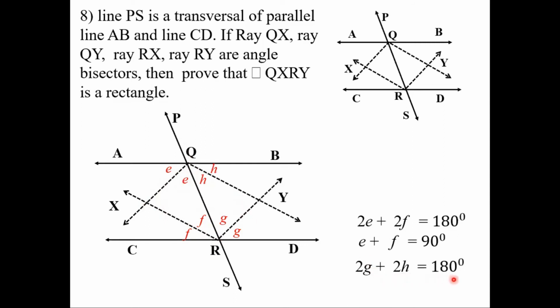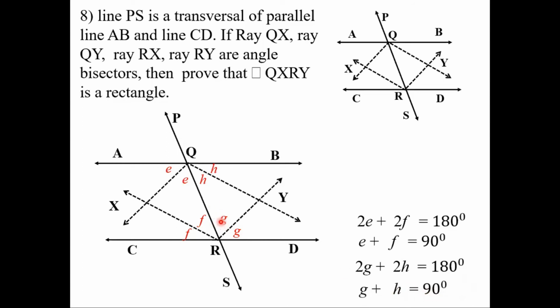2G plus 2H is equal to 180 degrees, as AB is parallel to CD and PS acts as a transversal. Here the total angle is G plus G means 2G, plus angle H plus H means 2H. 2G plus 2H is equal to 180 degrees. Divide the entire equation by 2, and we'll get G plus H is equal to 90 degrees.